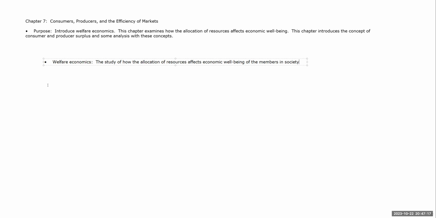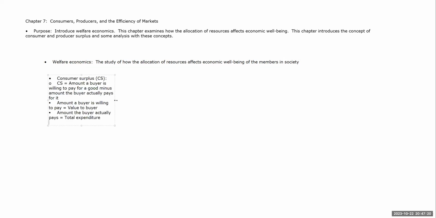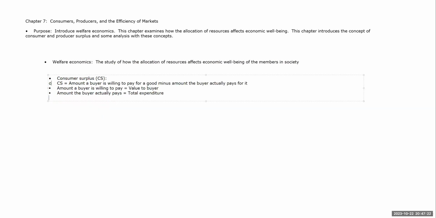Let's start with consumer surplus. I'm going to use CS to denote consumer surplus. Consumer surplus is equal to the amount a buyer is willing to pay for some good or service minus the amount they actually paid. The amount a consumer is willing to pay is up to the value of that good to the buyer.